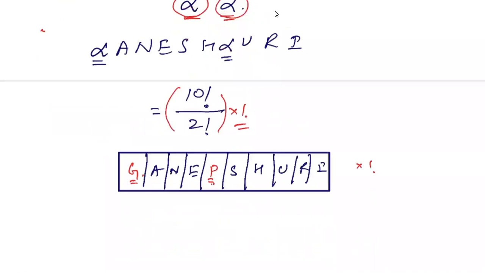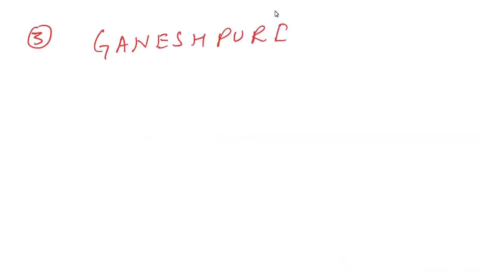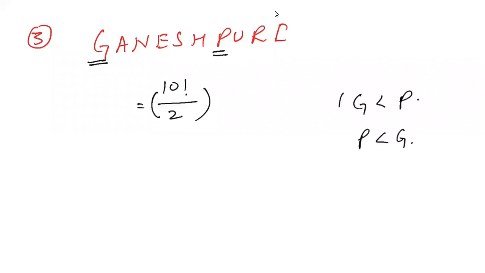Third method, careful. Ganesh Puri. We can arrange this Ganesh Puri in factorial 10 ways, but we know that in every arrangement, either G will be ahead of P or P will be ahead of G, right?